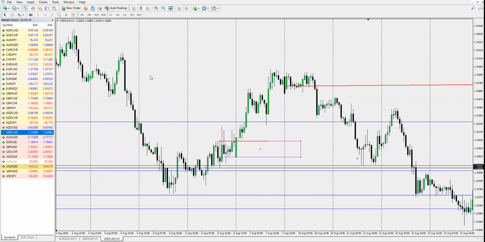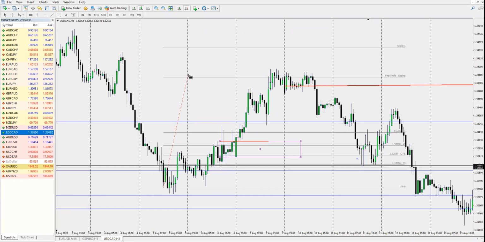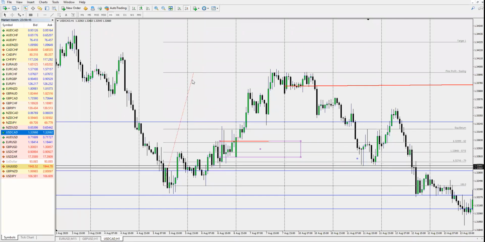On the 1-hour, I would like to add my fibs, so here, these lows to these highs. Also, if we notice, this gives me the OTE 62%, 79%, as well as the gap or imbalance of price that I had identified over here on these 2 candles.